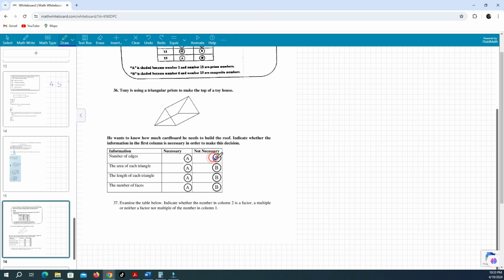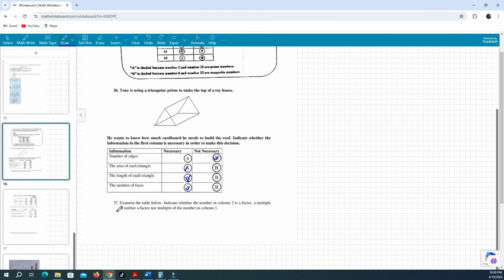So I'll say not necessary. The area of each triangle is necessary. Yeah. The length of each triangle, the number of faces is necessary. If we have the length of each triangle, it's the area, isn't that it? Well, I guess it's necessary if we're going to do the area. Okay, so I'll take a chance with this one. So I'll select those.